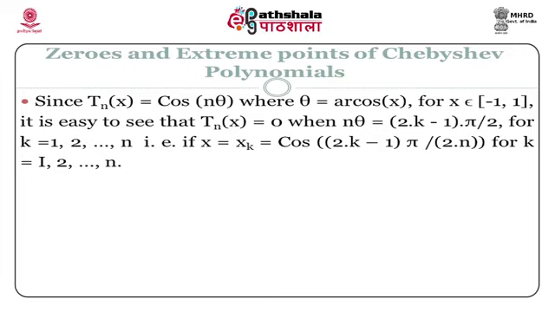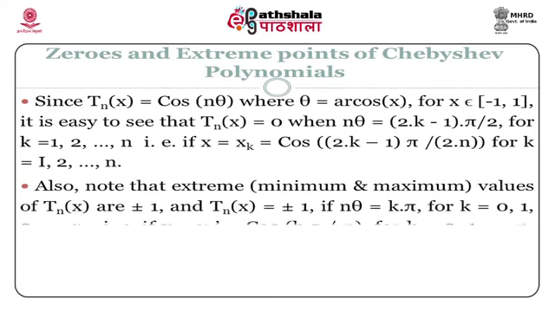That is, x equal to xk, which is given by cos of (2k minus 1) pi by 2n for k equal to 1 up to n. So, n theta equals this, therefore theta equals this, and x is equal to cos theta, and therefore we get x equal to xk as the zeros of this polynomial Tn(x).